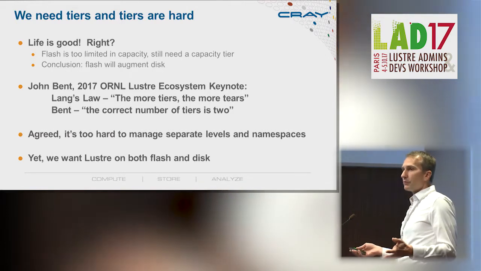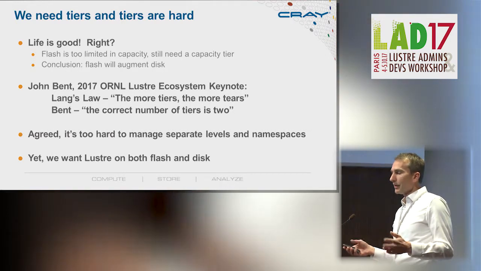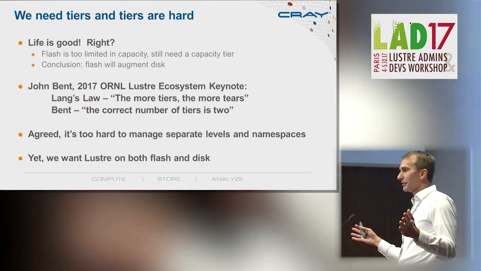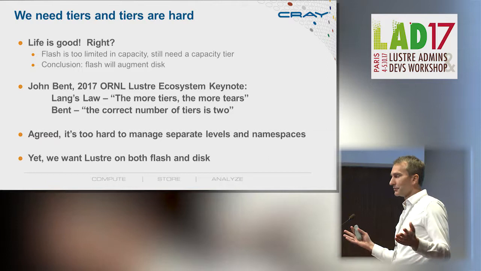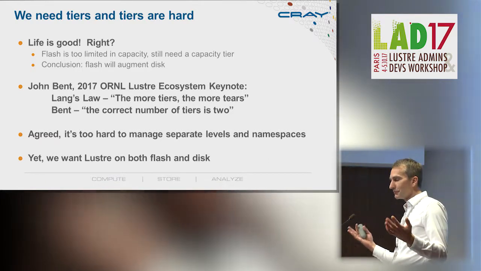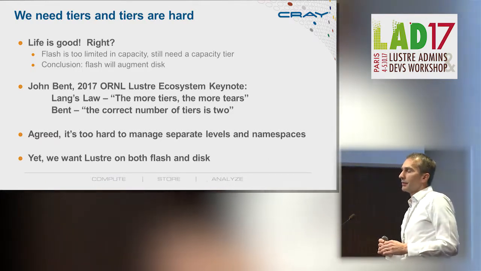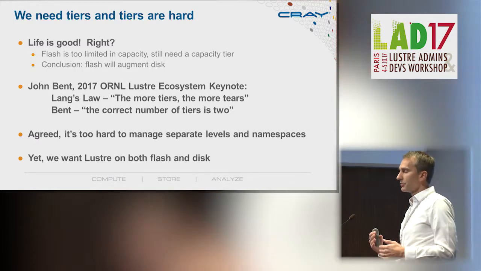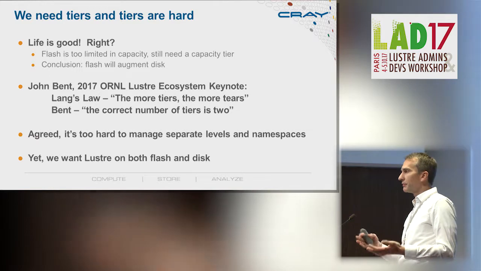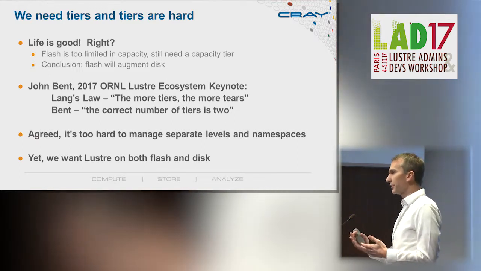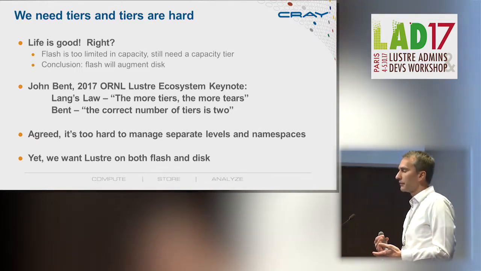So if we take a view that Flash is great and solves a lot of our problems, then life's good, right? Well, is it? Because the economics of Flash are such that, and the technology is a little bit limited, right? In comparison to disk, the capacity is much, much smaller, right?